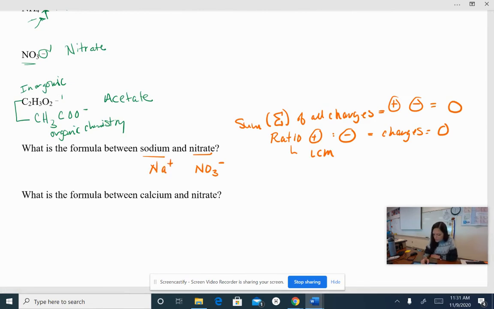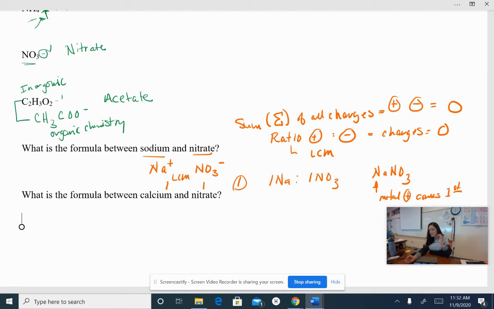Okay, what is the least common multiple between 1 and 1? Hopefully you said 1. So I need a charge of +1. So to get a charge of +1, I need 1 sodium. And I need a charge of -1, so I need 1 nitrate. So when I write this formula together, I am always going to put the metal first. Remember, the metal always comes first, or the positive ion comes first.